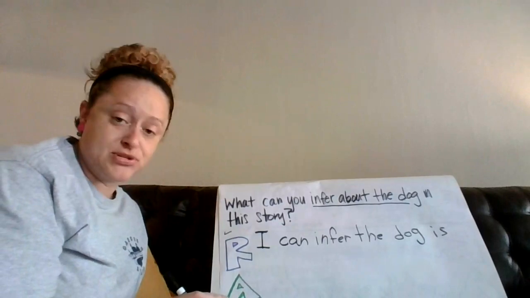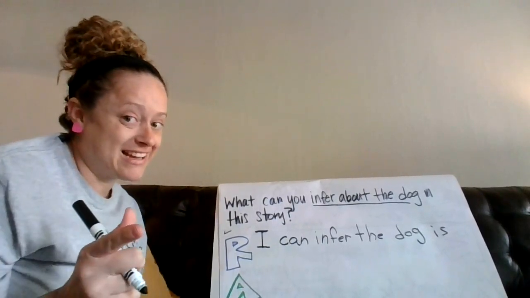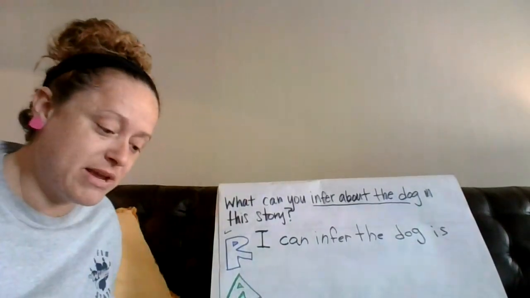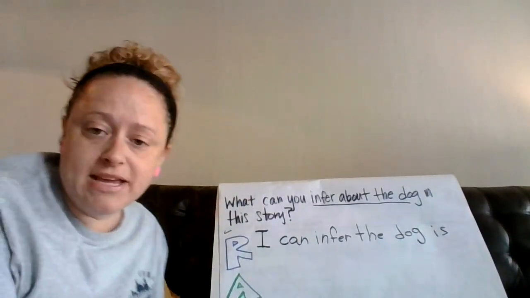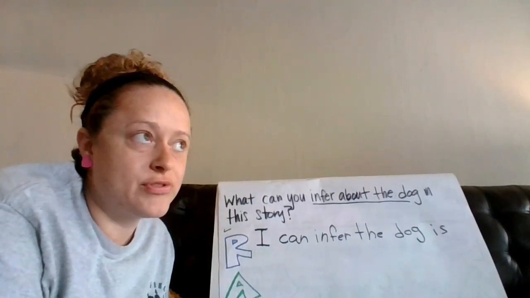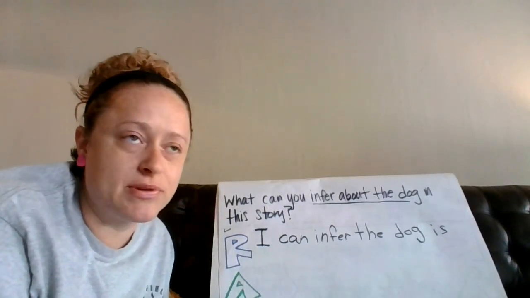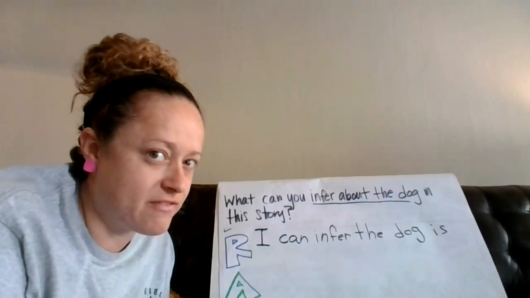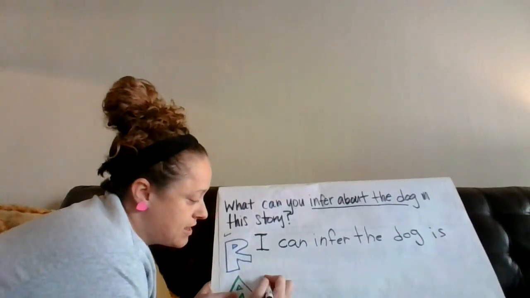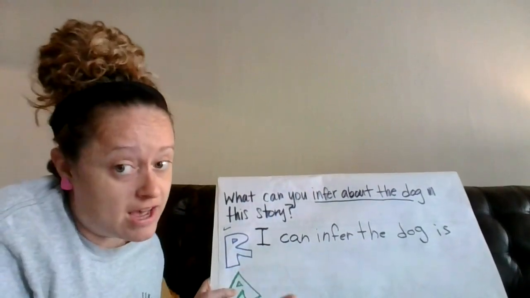The next step is to answer the question. So now I'm going to answer my question. And I'm making the inference that this dog might be lost because there's just some clues that tell me in the reading that the dog's not from there. And we'll get to that next with the evidence. And I had to come up with the dog being lost on my own.